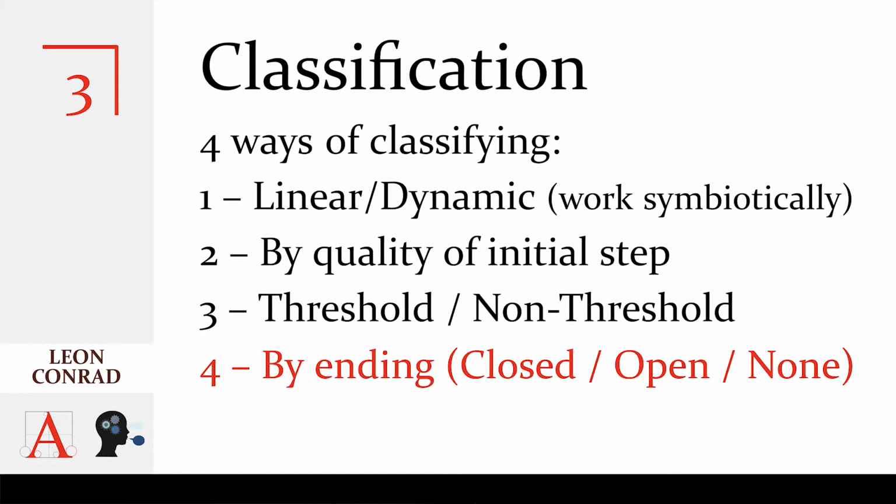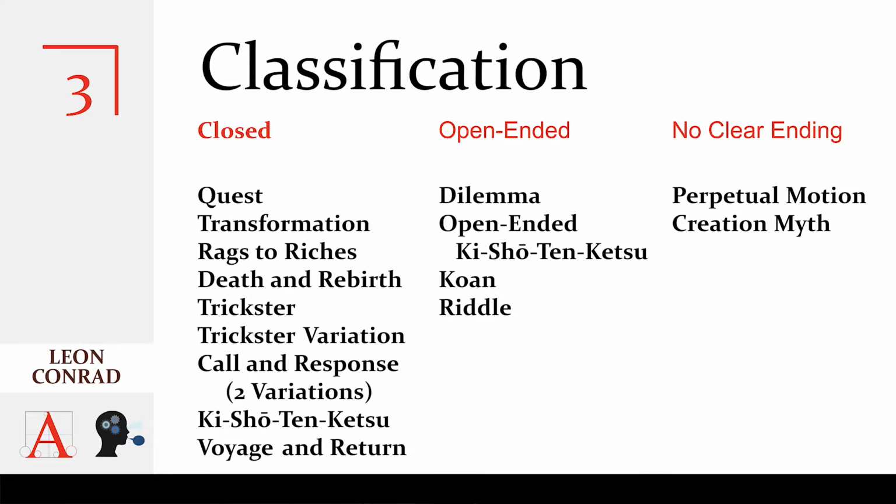There are 3 types of story endings. In a closed structure, the storyteller will bring the story to a close themselves. In an open-ended structure, the audience will need to come in to bring the story to a close. And in 2 structures, there are no clear endings to the story. They go on indefinitely.